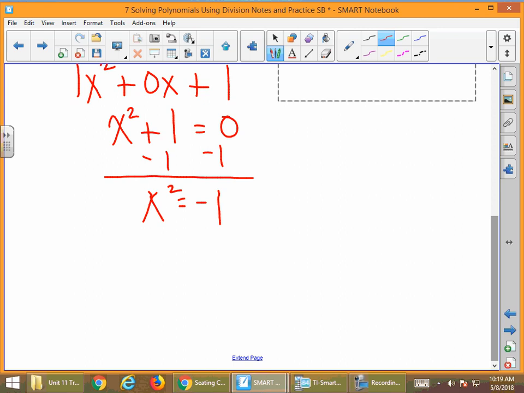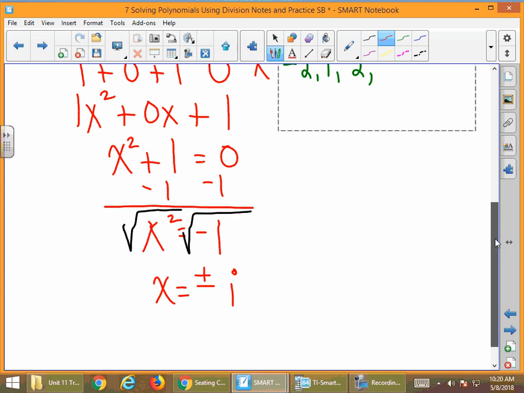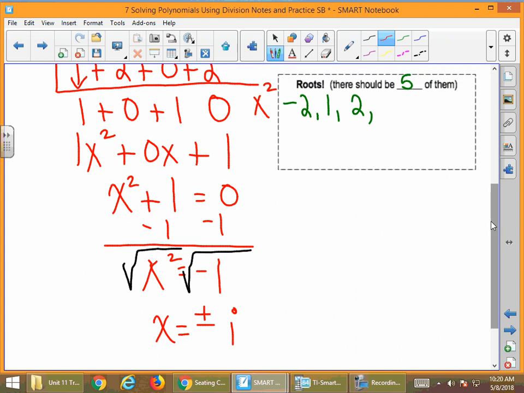And to undo squaring, we're going to take the square root. And we end up with x equals plus or minus. What's the square root of negative 1? It's i. Those are our final two roots of our 5th degree polynomial.